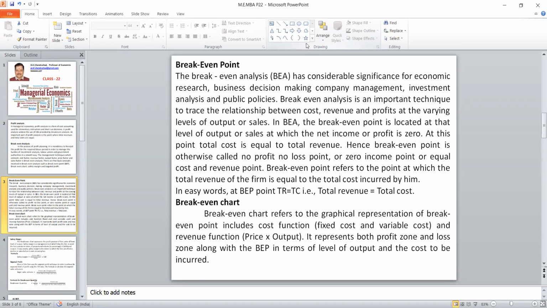In this graph, the price and output are measured on the vertical axis and horizontal axis, and we find a particular point. At that point, the profit and loss are zero because total revenue equals total cost. That particular diagram we call the break-even chart. We may say break-even chart refers to the graphical representation of the break-even point, including both the revenue function and the cost function.